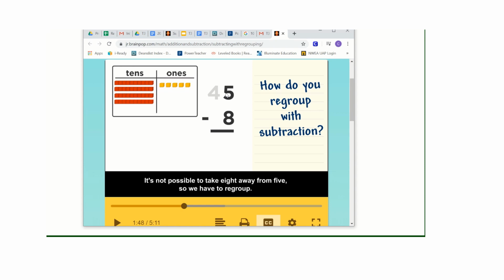That means we need to regroup. When we regroup, remember, you borrow from the tens place to give the 10 stick to the ones place and make 10 ones cubes. Now we have enough to take away 8 ones cubes from the ones place.